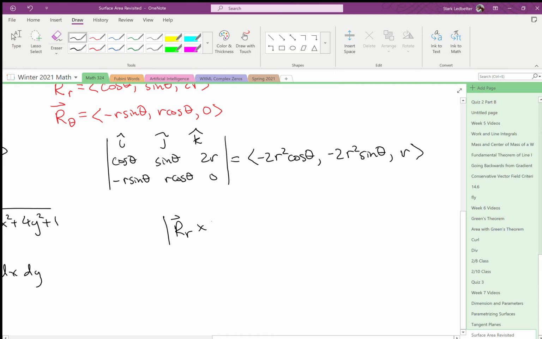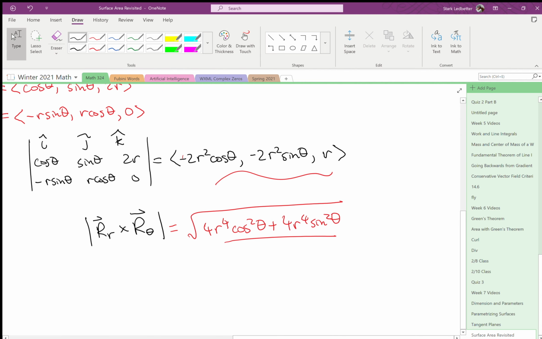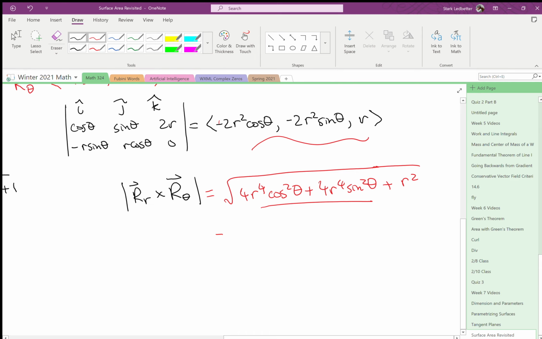We're looking for the magnitude of r cross r theta. This is the root of 4r to the 4th cosine squared theta plus 4r to the 4th sine squared theta, plus r squared. That's good, because that's just 4r to the 4th plus r squared. So that's the root of 4r to the 4th plus r squared.